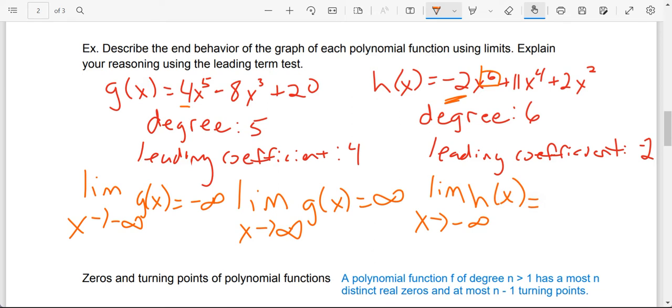Well, the degree is even and the leading coefficient is negative, so it's going to go down to negative infinity for both as x approaches negative infinity and positive infinity.